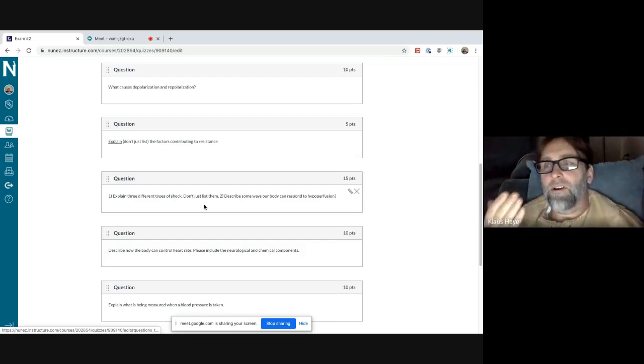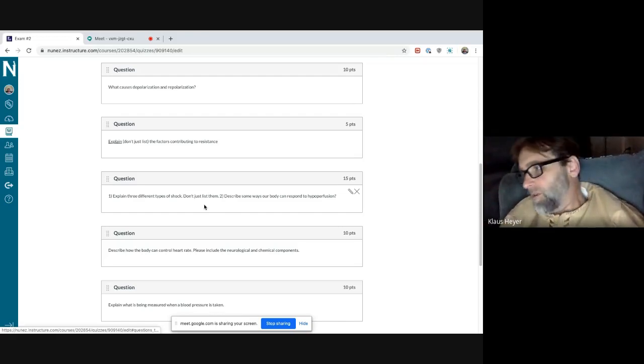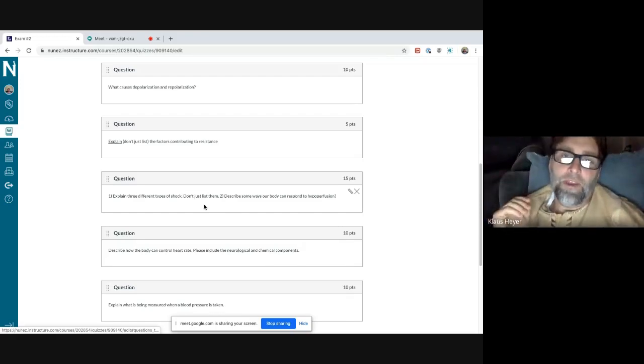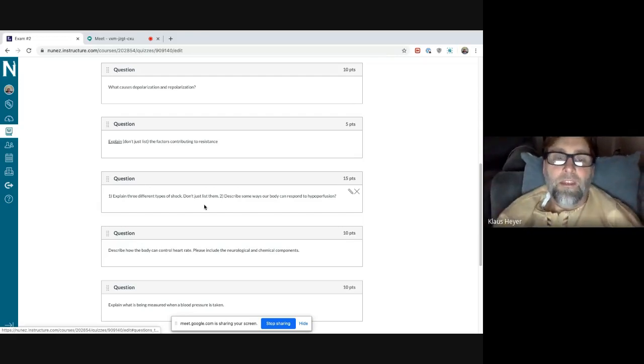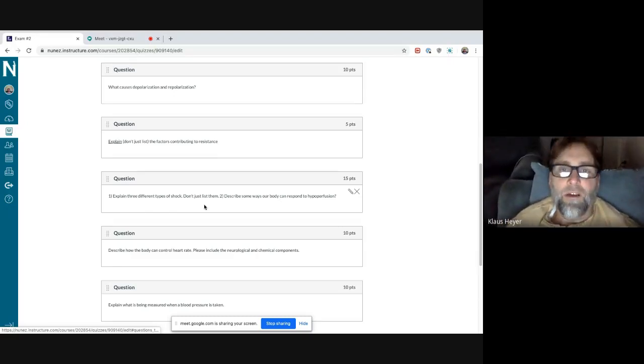So anyway, cardiogenic, obstructive, vascular, and hypovolemic, right? Low blood volume. Just as simple as that. That was all I was looking for, not really detailed explanations.